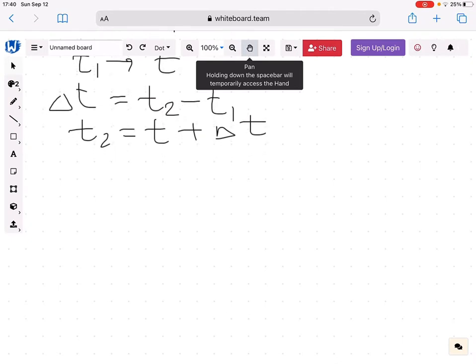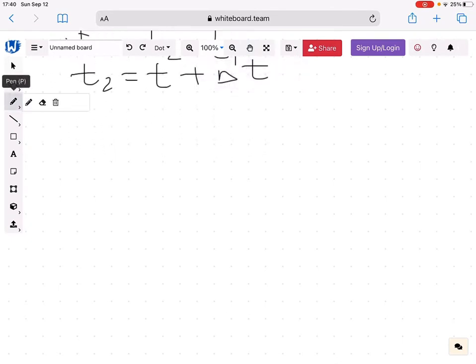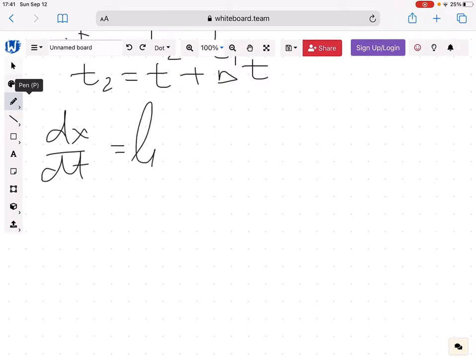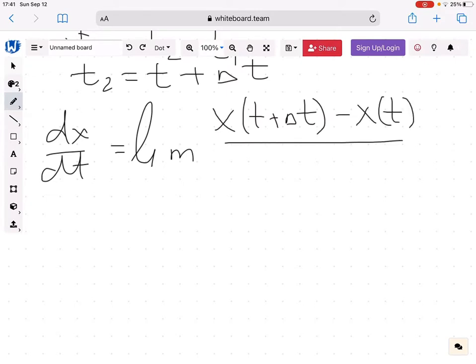And our formula becomes: df dx dt, in this case at the point t, will be the limit of what? x of t plus delta t minus x of t, divided by delta t.